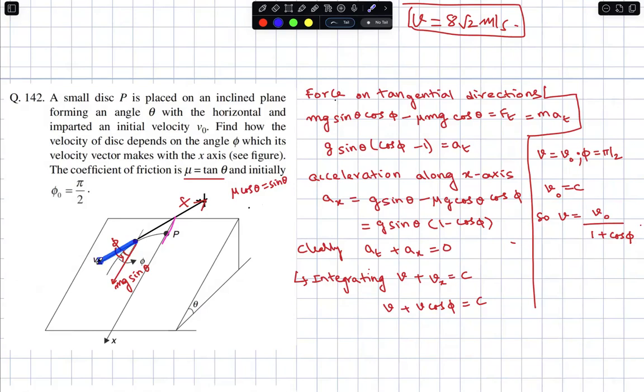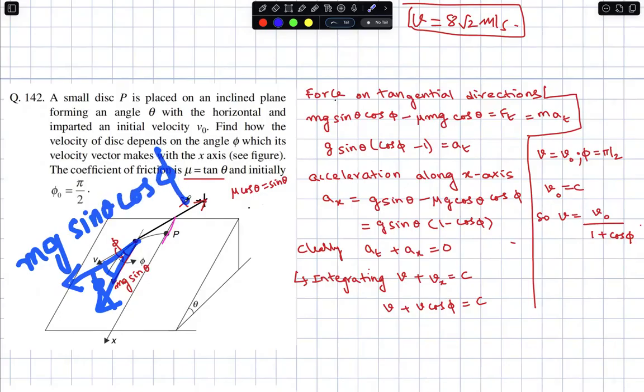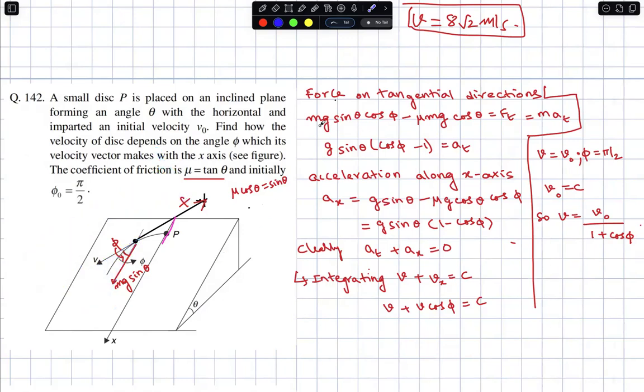Please try to understand, if this is V, that V is the tangent at that point. Friction is exactly opposite to that. I just want to see the force in the tangential direction. What are the different forces in the tangential direction? Already along x, there is an mg sin theta force, and it will have a component in this direction because you said this is a phi angle. So therefore, this is mg sin theta cos phi. Agreed? Done. That's what I have written here.